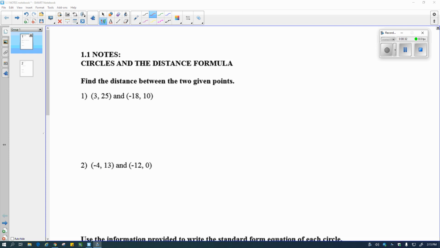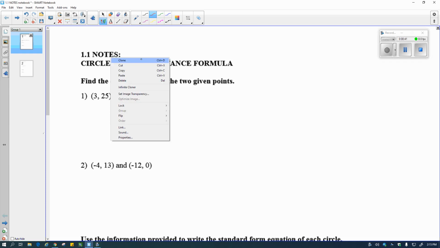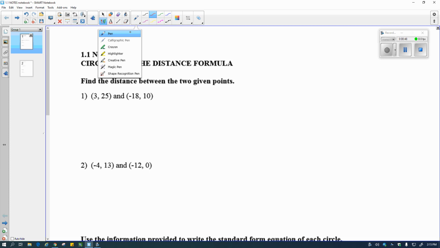So the first part of our notes is going to be to review the distance formula. And the formula is, if I can get my marker to work, let's see. Oh, there we go.